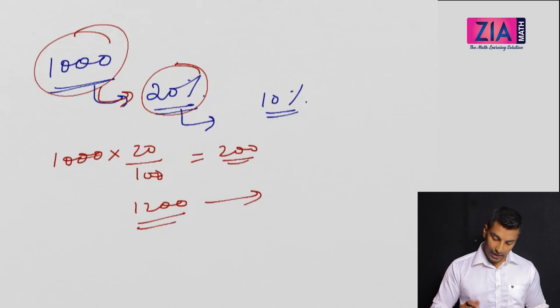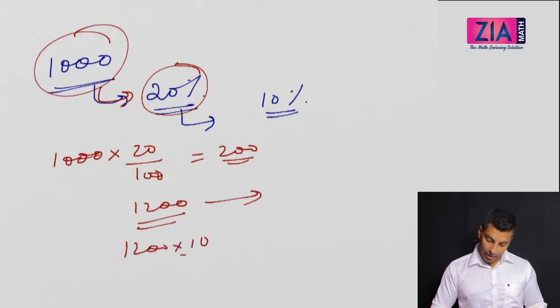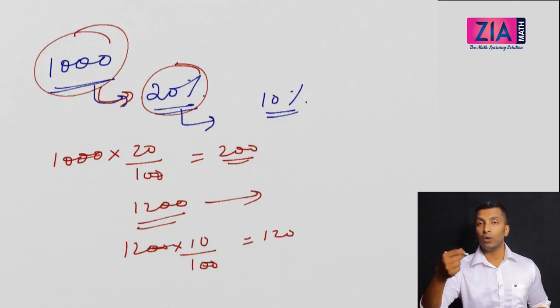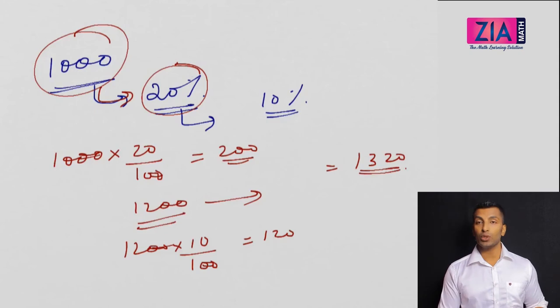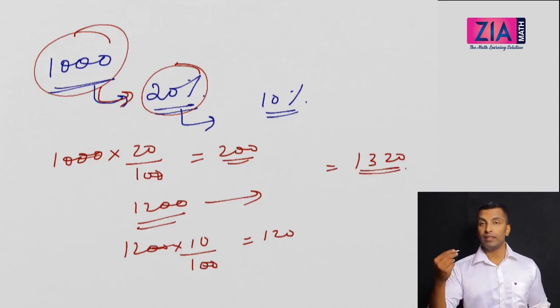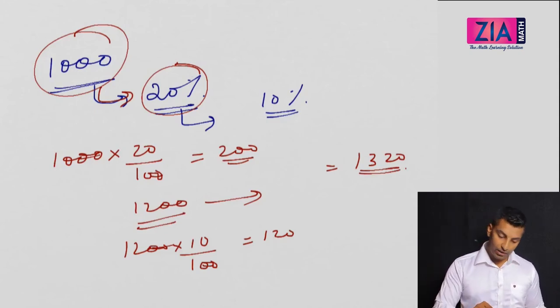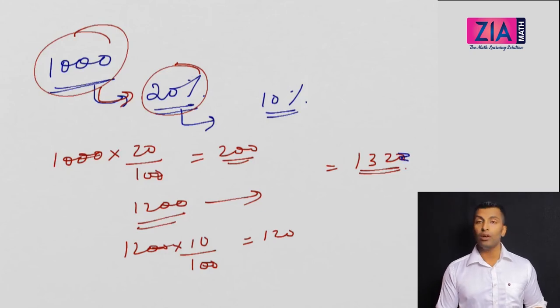That is 120. How will you get that? 1200 into 10 by 100. So this is going to be 120. So what is the new salary? 1200 plus 120, that means 1320. Next year also, if there is an increase of 10%, you find 10% of this, so you can remove the 0, you will get 10%. So that is 132. So 1320, add 132, like that.